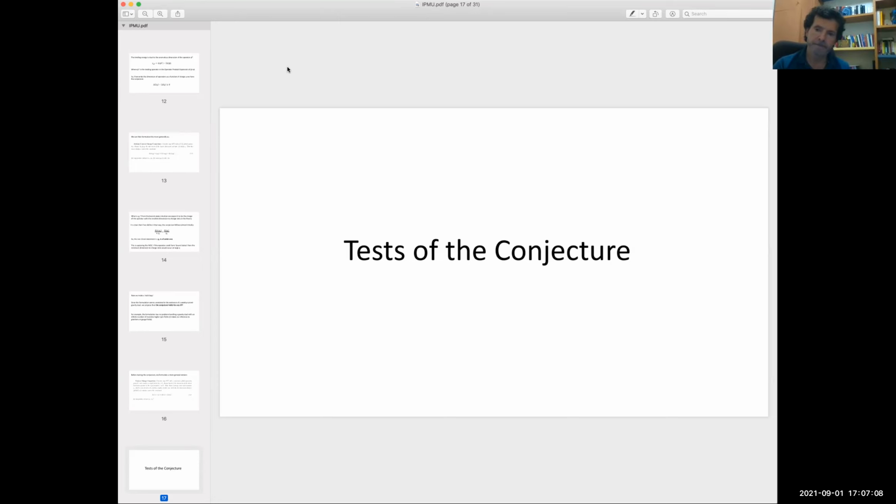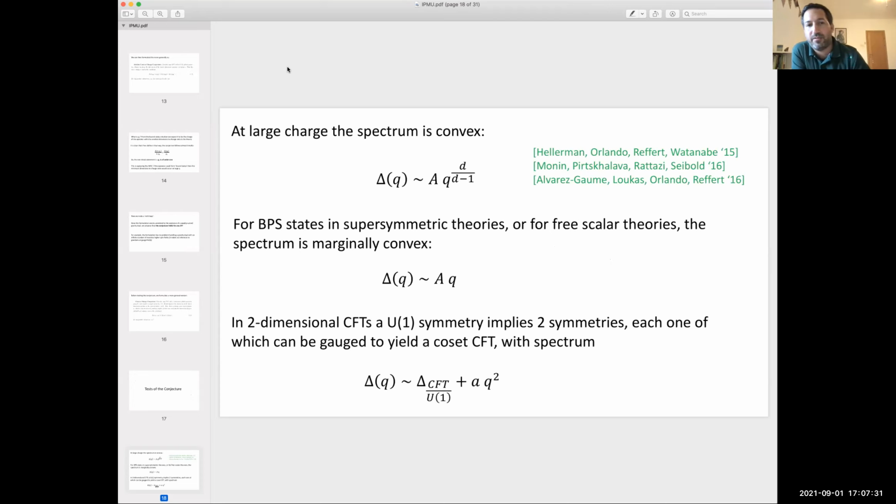But that's a quantum field theory question. I mean, once you start from the CFT, if the anomalous dimension is convex at the CFT, you can then ask in quantum field theory, would it still be convex under certain deformations, and that would follow. Yeah. Okay. Are there any more questions? All right. So this is the argument for the conjecture, and now we can talk about tests of it.